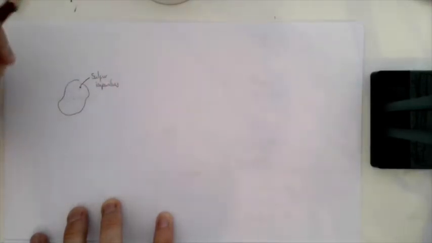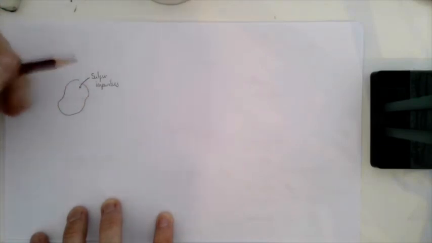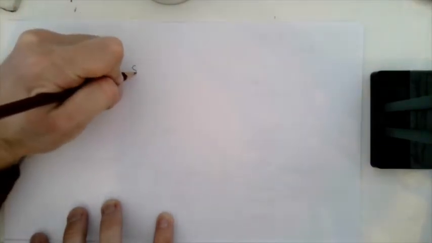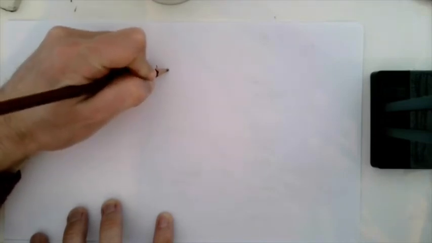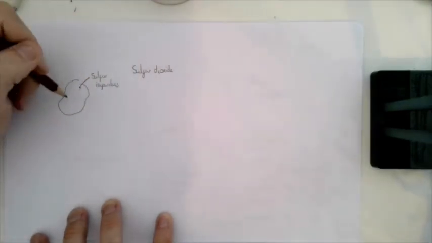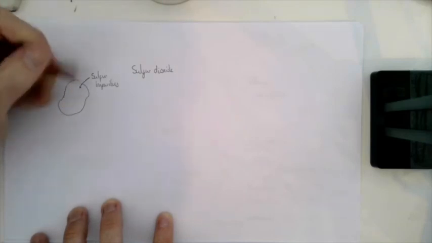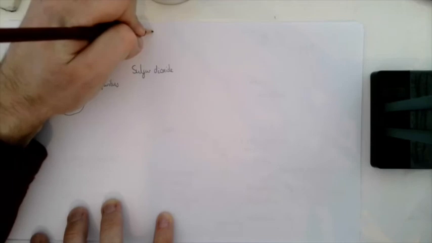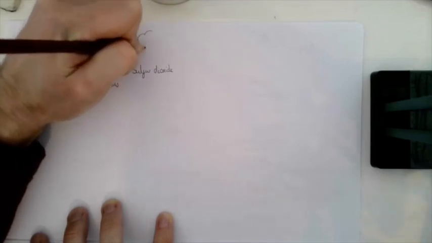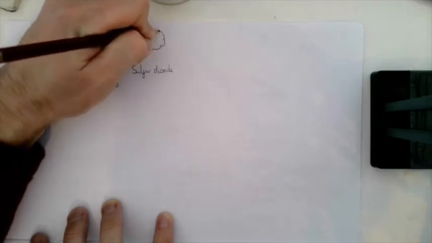And what happens when you burn that lump of coal then is something called sulfur dioxide is formed. So the sulfur reacts with the oxygen that you're using to burn the coal to make sulfur dioxide, which is a gas. The gas will then travel up to where the water is in our atmosphere.